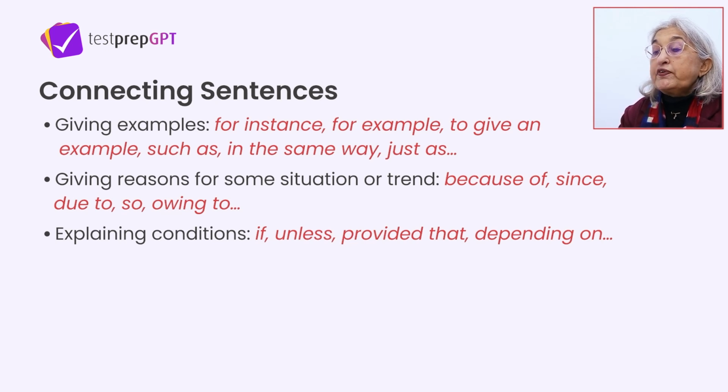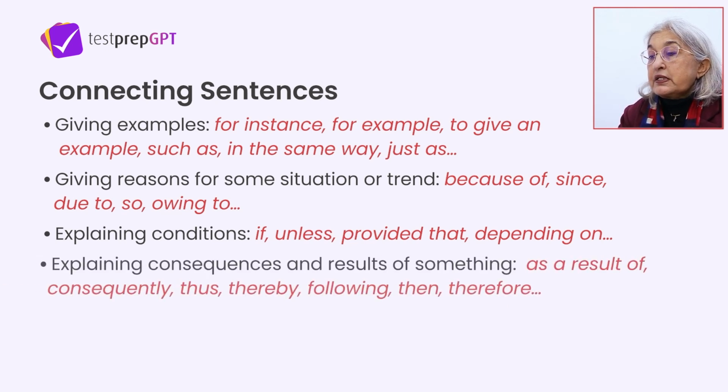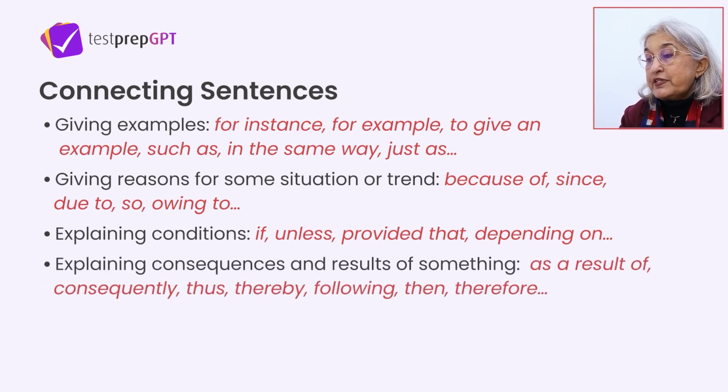Then you have to often explain consequences and results of something. As a result of, consequently, thus, thereby, following, then, therefore. This kind of thing is very useful in history. So suppose you are asked to explain the consequences of war, let's say.